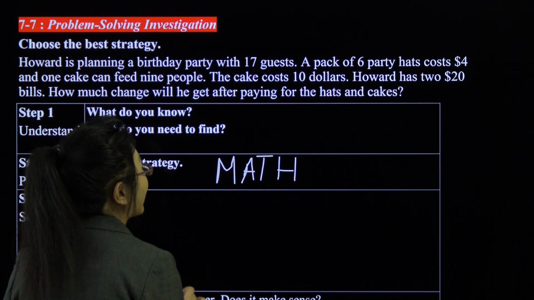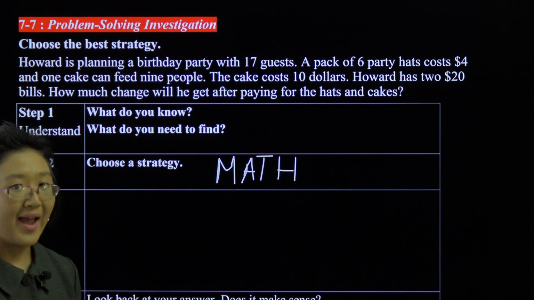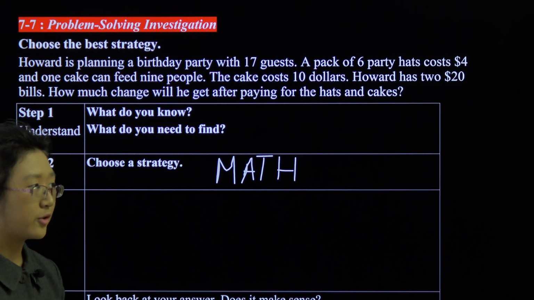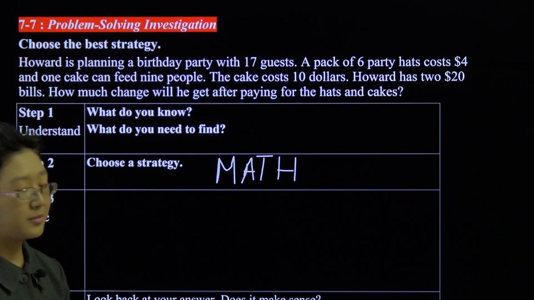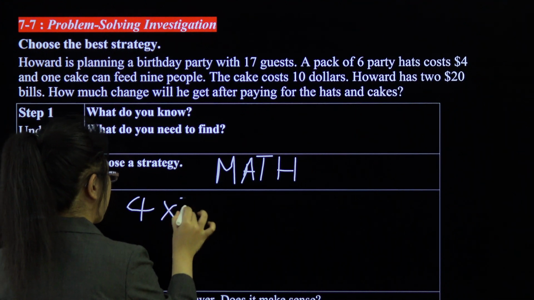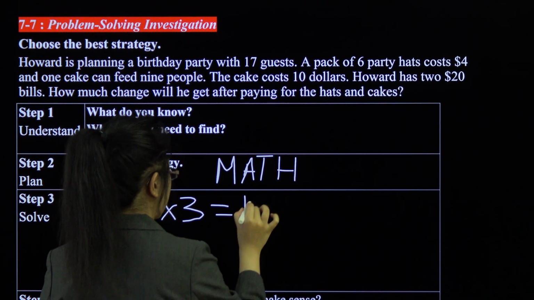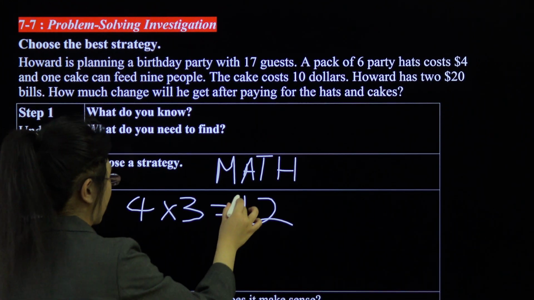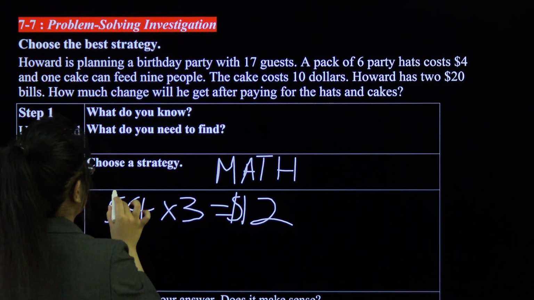So we have 3 packs, and each pack costs $4. What would that be in total? Well, 4 times 3 is the cost for the hats, and that's $12.